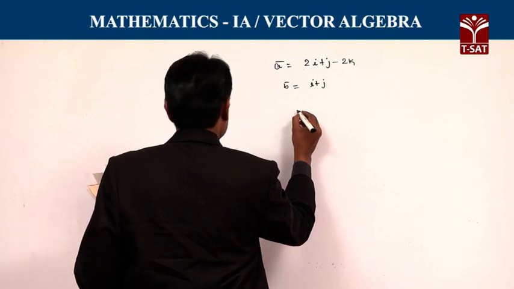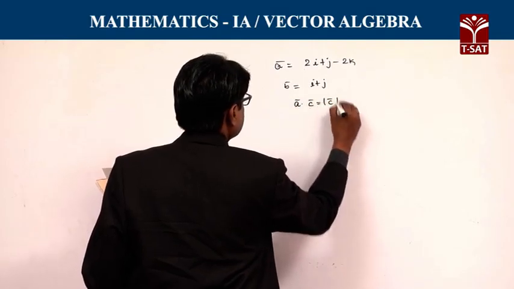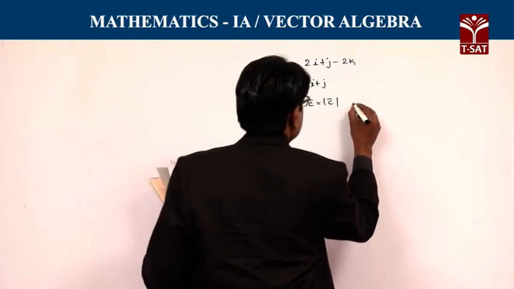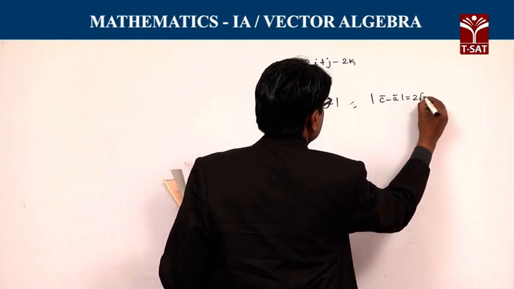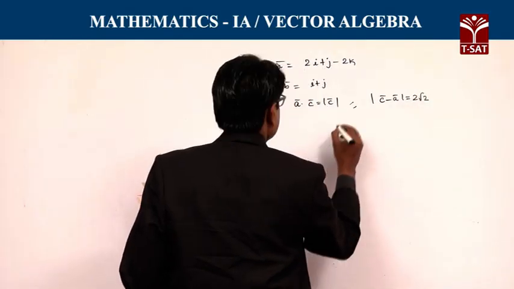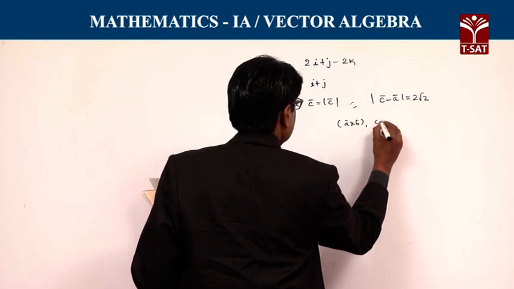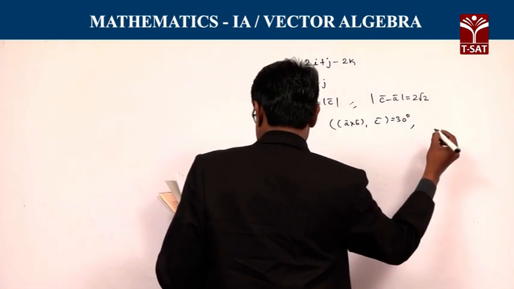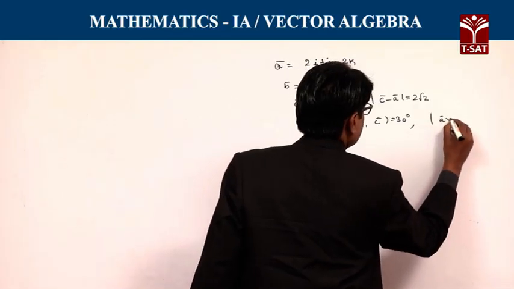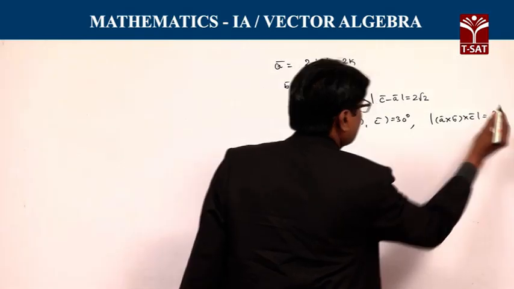C bar is a vector such that a bar dot c bar is equal to mod of c bar, and it satisfies mod of c bar minus a bar equal to 2 root 2, and the angle between a bar cross b bar and c bar is equal to 30 degrees. Then you are supposed to calculate mod of a bar cross b bar cross c bar. How much?